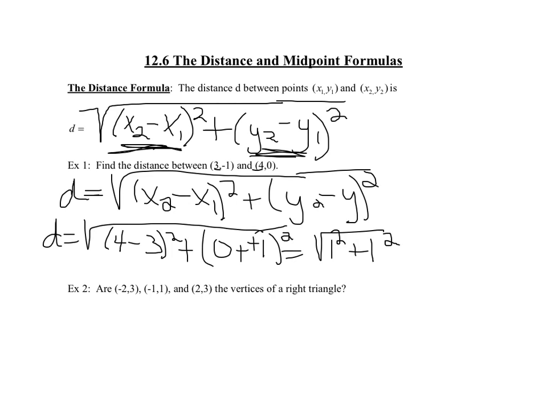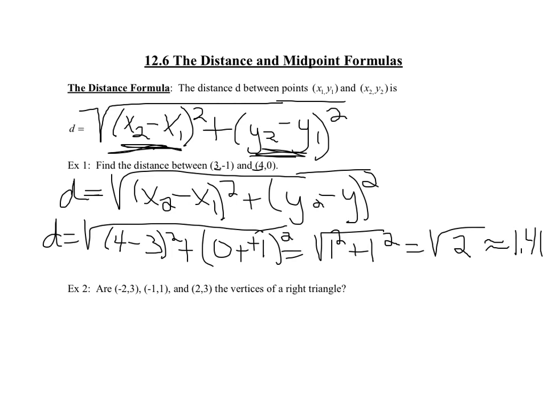Which is basically the square root of 1 plus 1, or 2. Now, on the test at the end of the chapter, I'm going to let you leave it like that. If you're applying it to a real-life problem, you might take a calculator and plug in the square root of 2, which is approximately 1.41.